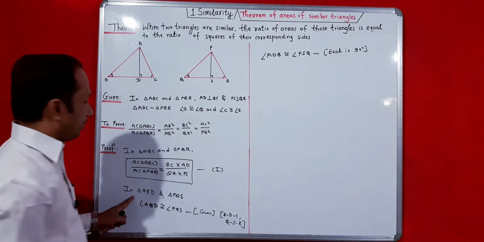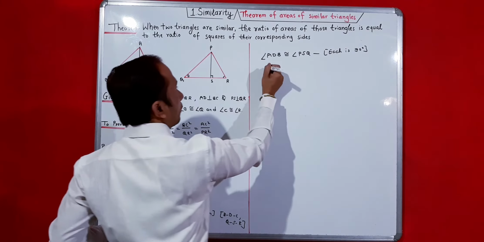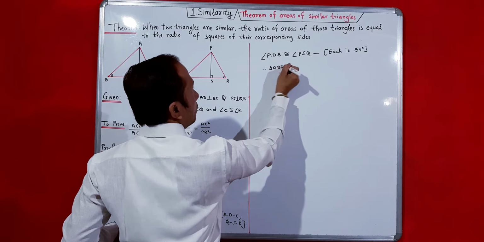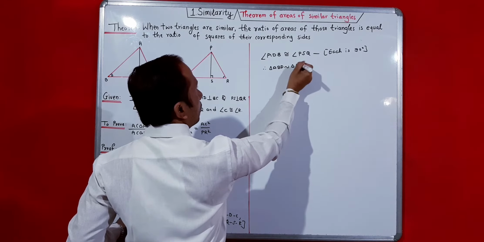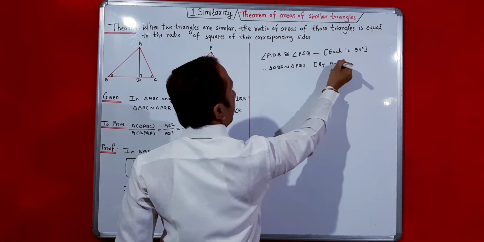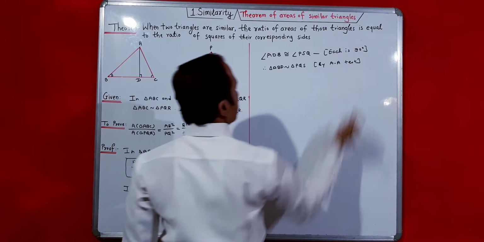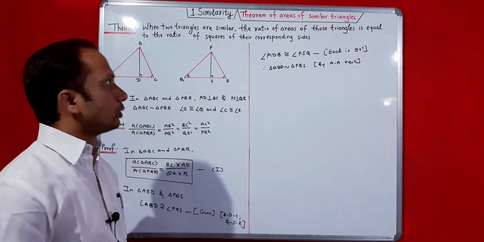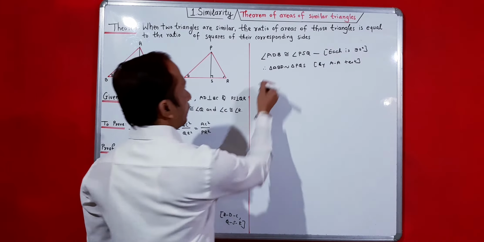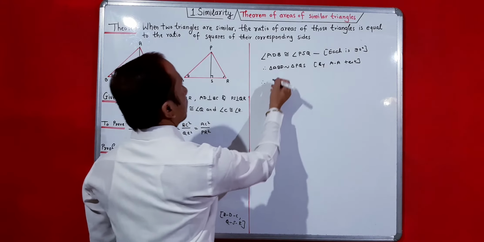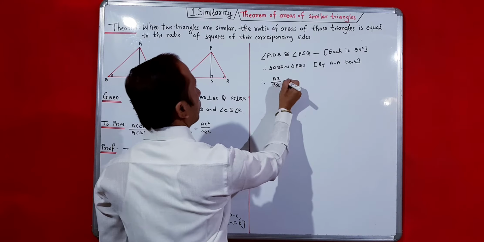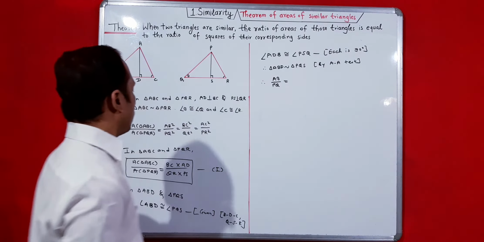Therefore triangle ABD is similar to triangle PQS by AA test. If these two triangles are similar, then their corresponding sides are in the same proportion. AB upon PQ is equal to what?